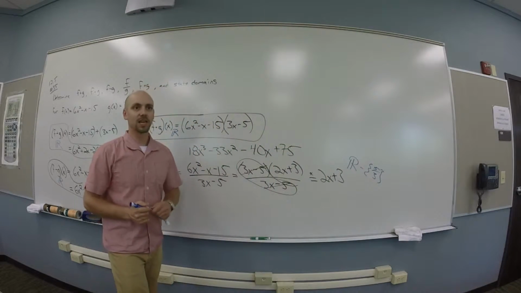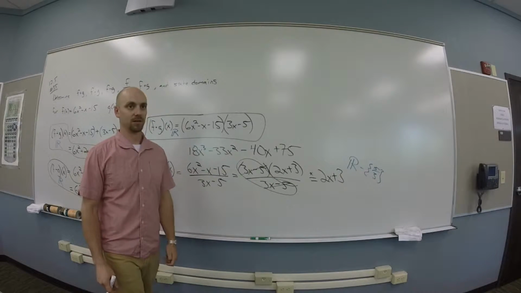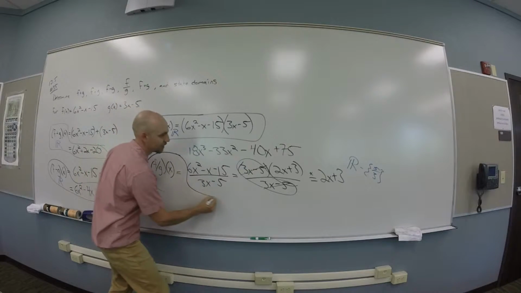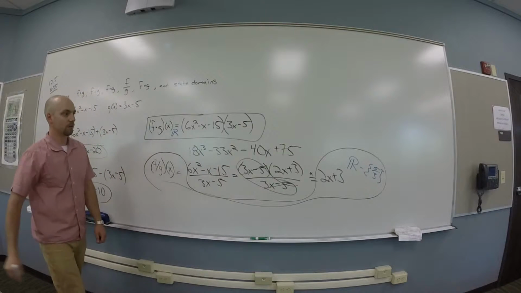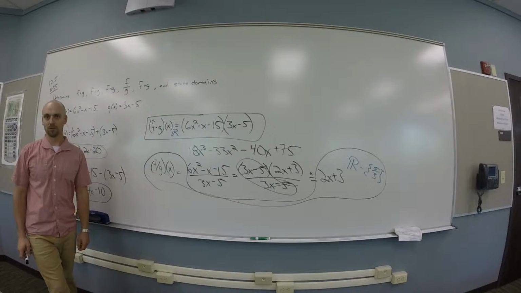So that one gets a slightly different domain, and it's because that onesie was there. You guys see that? So my final answer for this one is 2x plus 3, and it has a domain of not quite all of R. You guys follow?